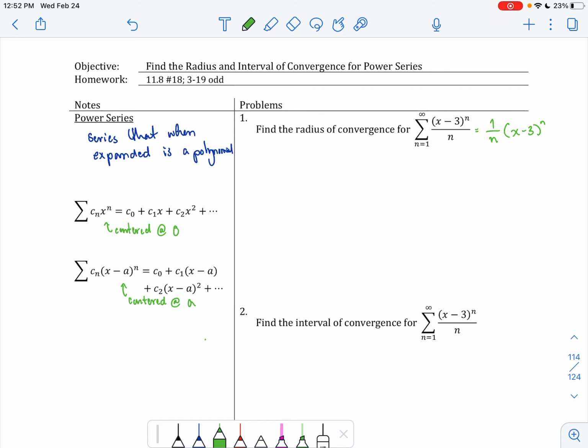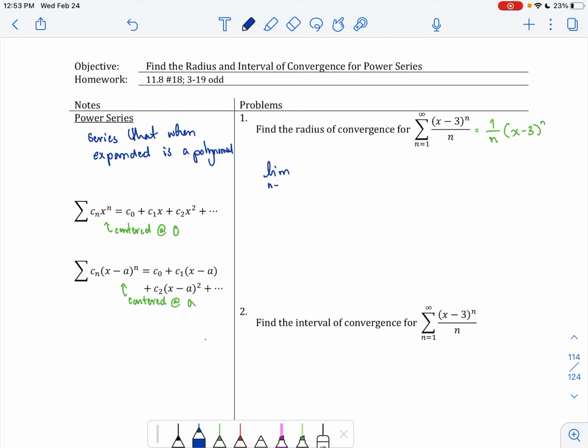And for this one, I'm going to use the root test. The reason I'm doing that is this part isn't super complicated and it's got a power of n. So I'm going to start by setting up that test.